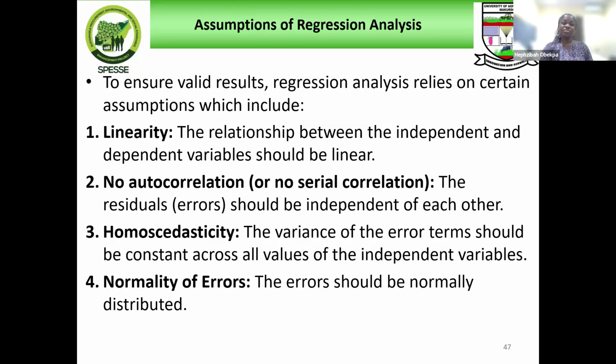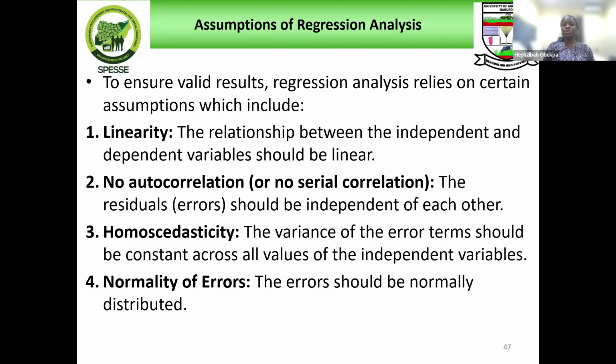Okay. So the second one is no autocorrelation, or no serial correlation. This autocorrelation majorly applies when you're using time series data. What does it mean?